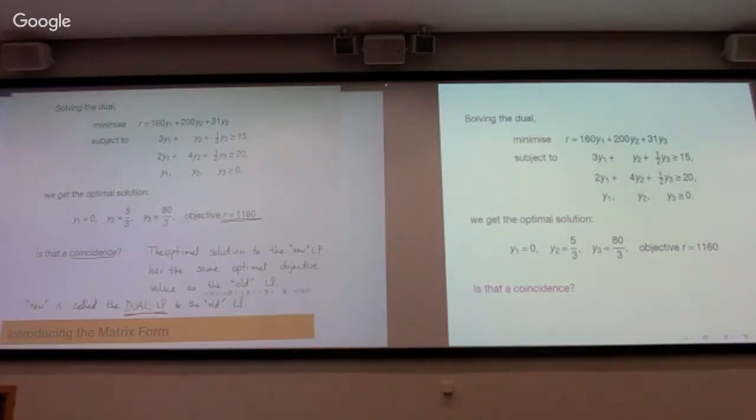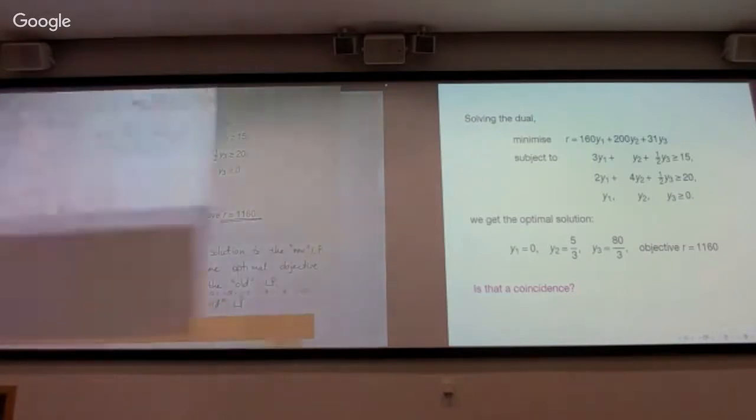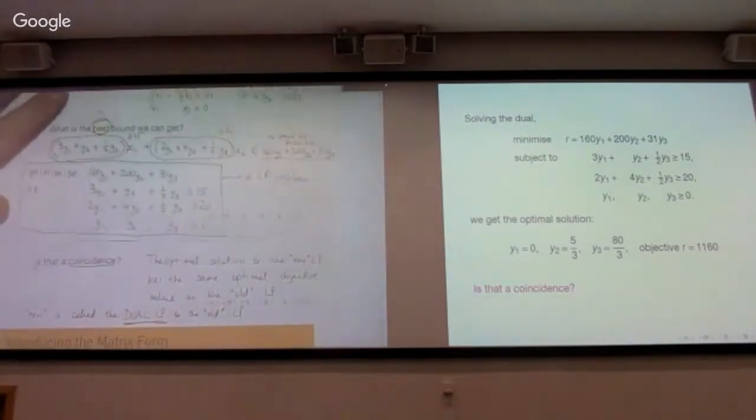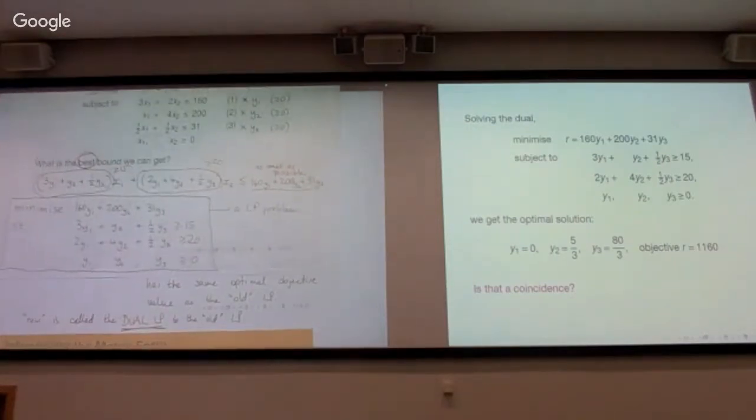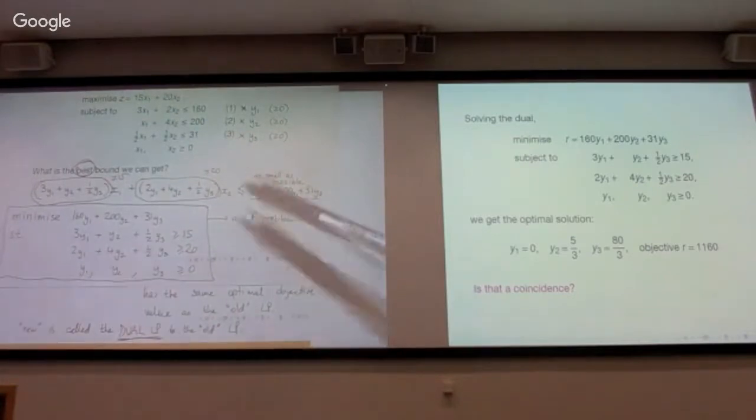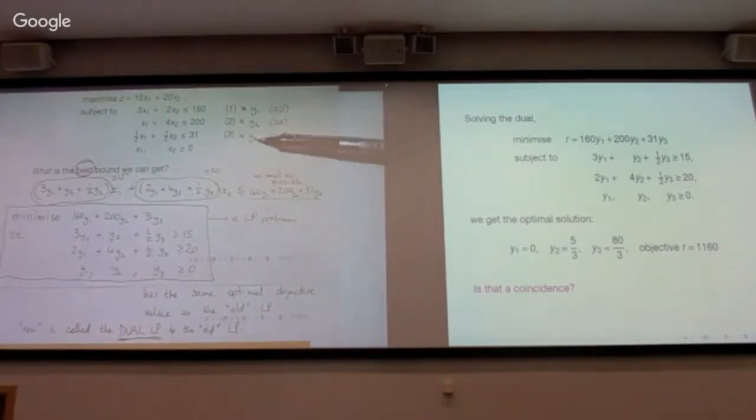You can kind of see the pattern emerging. When you get one linear program and you want to get the dual one, what you do is, well, as we did here, you need one decision variable for each of the old constraints. And then for each of the old decision variables, you'll get one constraint.